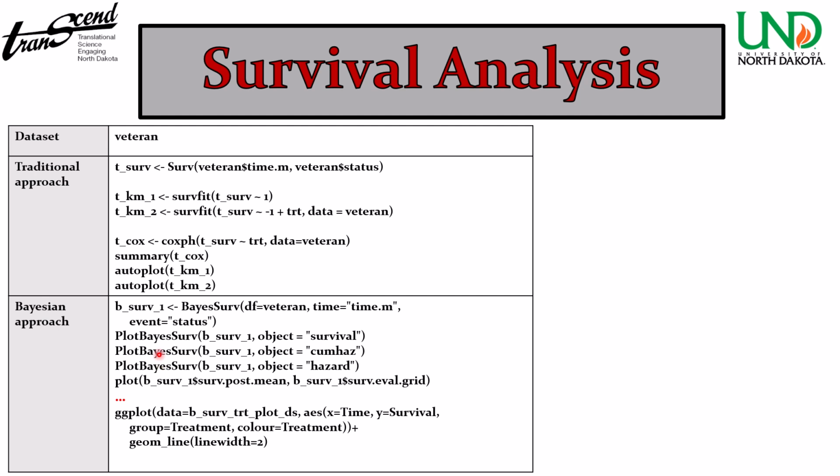For Bayes, there's bayesSurv, which was the best one I could find here, and unfortunately you could plot a lot of survival plots just by themselves. I really wasn't able to find good tests for the actual treatment, but you can at least plot things. You can't really get test statistics out, but you can certainly plot things.